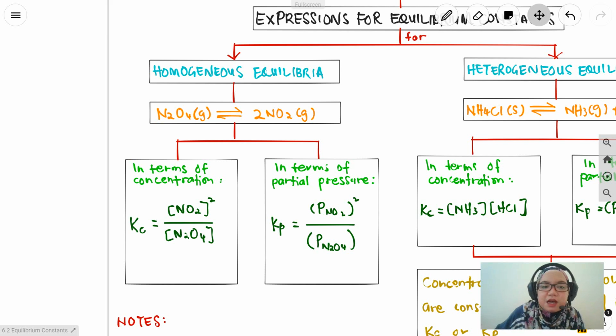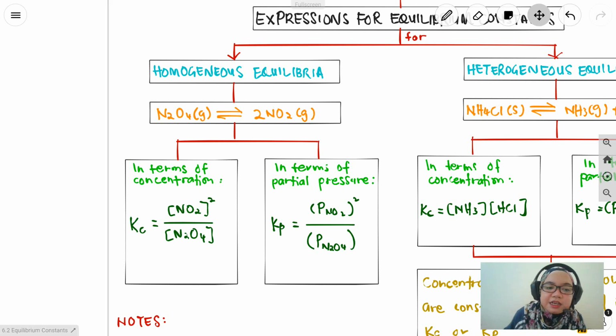Both are in the gas phase, so that's why it is a homogeneous equilibria system. Now we are going to look at the expression for equilibrium constant in terms of concentration and in terms of partial pressure for this reaction.